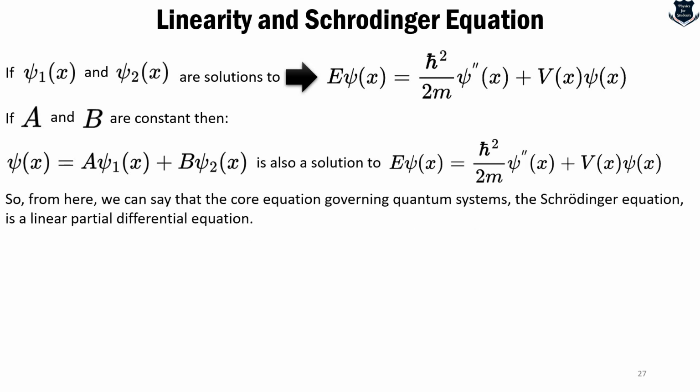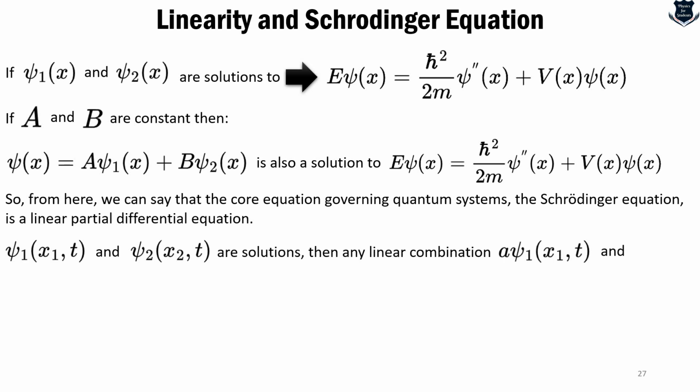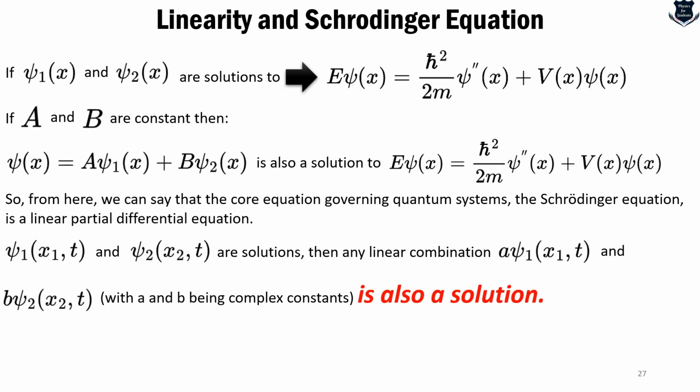So what we deduce from here is that the core equation governing quantum systems, the Schrodinger equation, is a linear partial differential equation. So psi 1(x,t) and psi 2(x,t) are solutions. If they are solutions, then I can combine them and get this also as a solution.